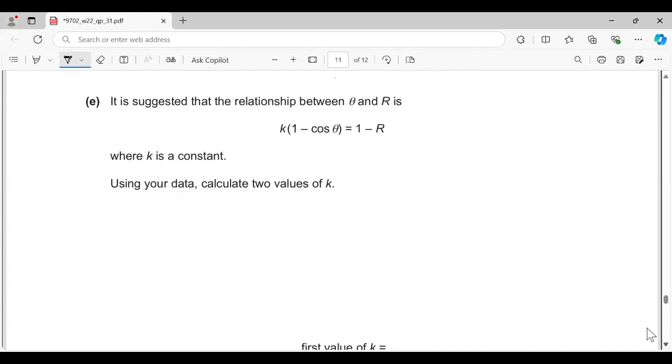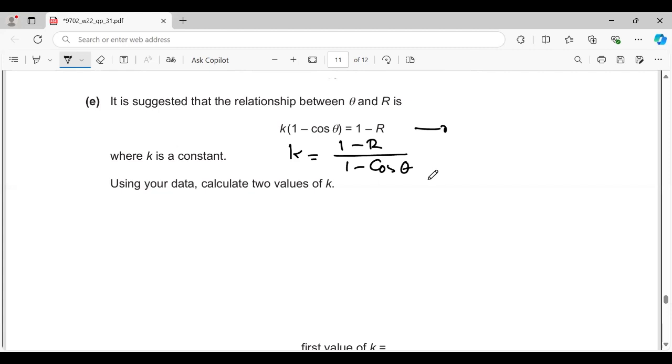It is suggested that the relationship between theta and r is k multiplied by 1 minus cosine theta equals 1 minus r, where k is a constant. Using your data, calculate two values of k, right? So we can arrange this formula. If k is the subject, k equals 1 minus r over 1 minus cosine theta.